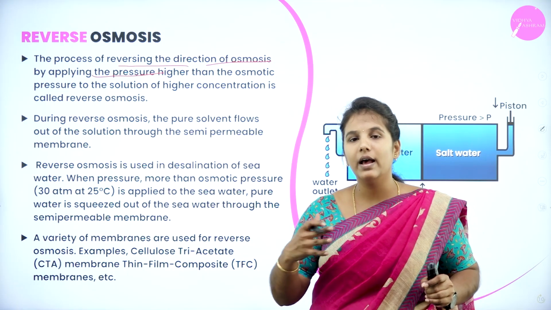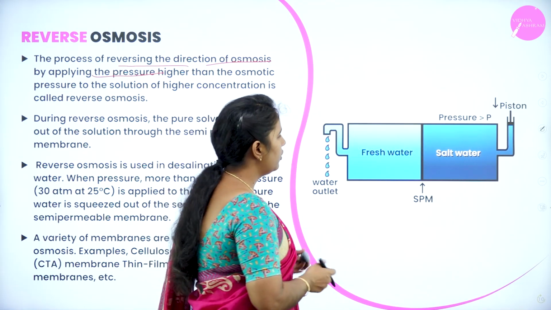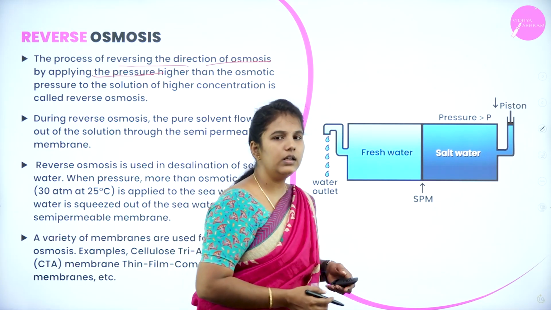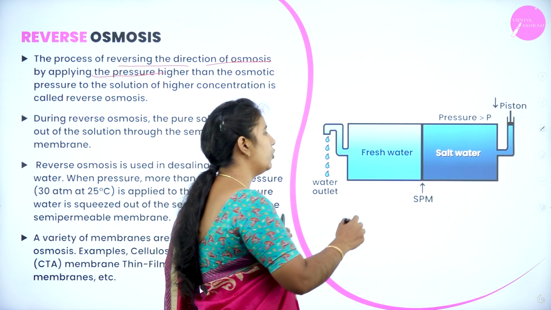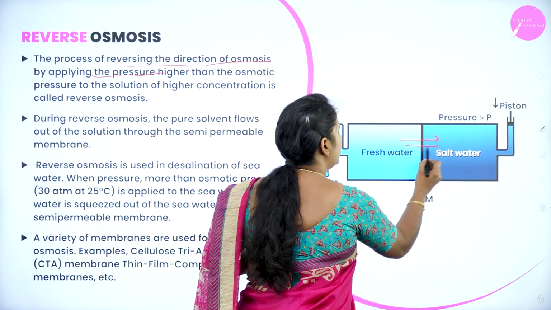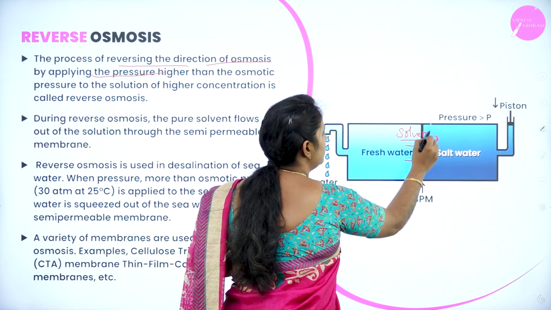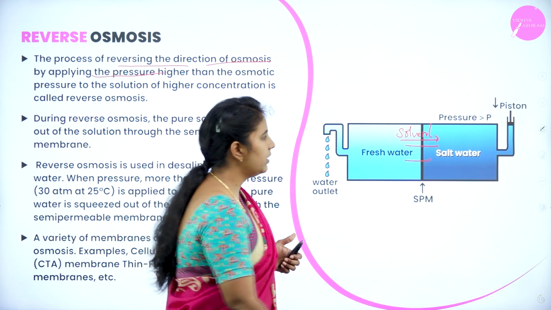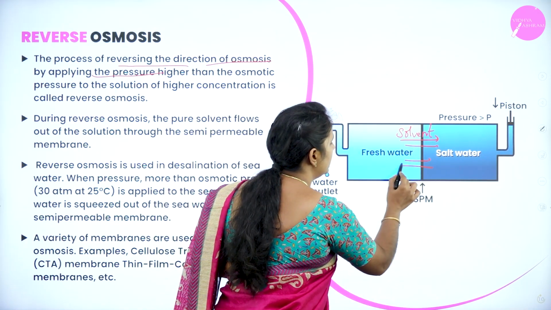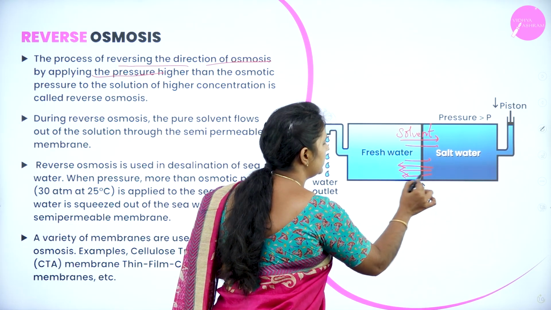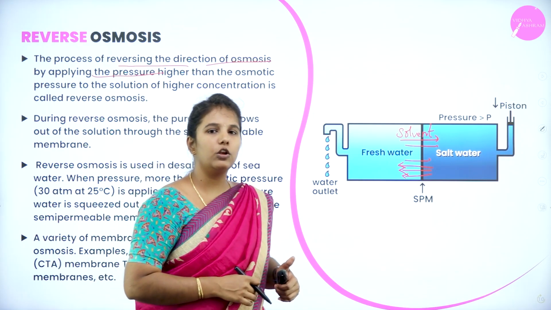That is said to be reverse osmosis. So we know that generally in osmosis, the solvent molecules move from lower concentration towards the higher concentration region, through a semi-permeable membrane, right? But reverse osmosis means movement in the reverse direction of osmosis: the movement of the solvent from a higher concentration region to the lower concentration region.